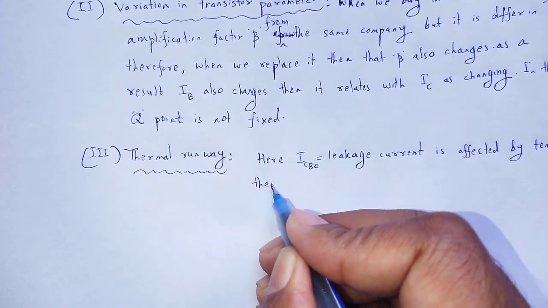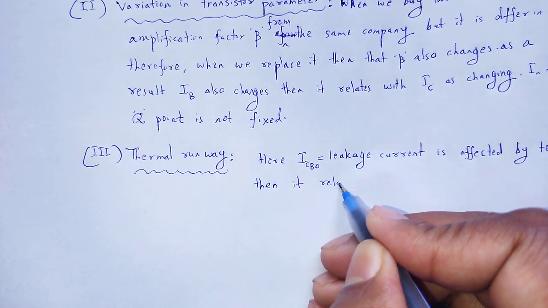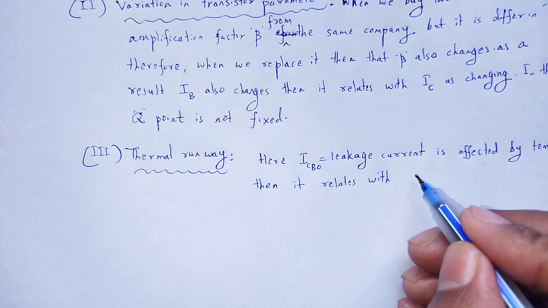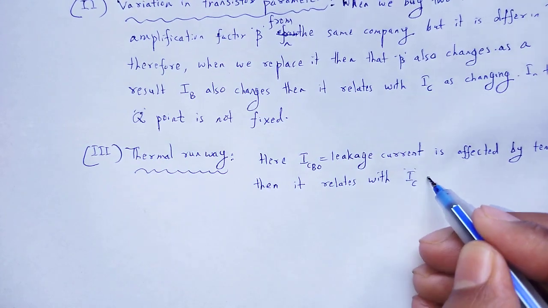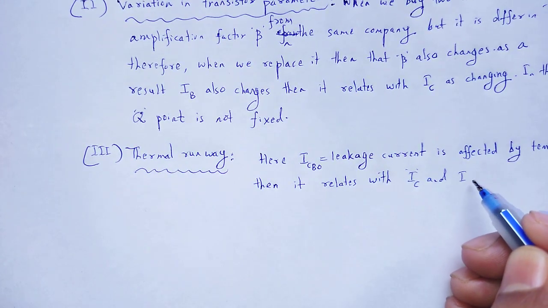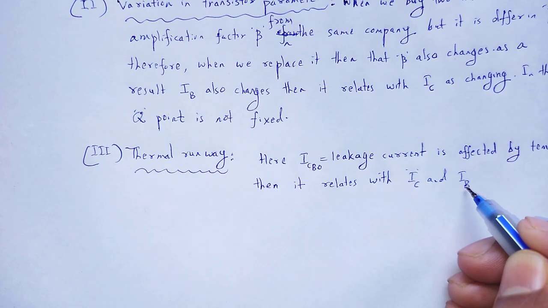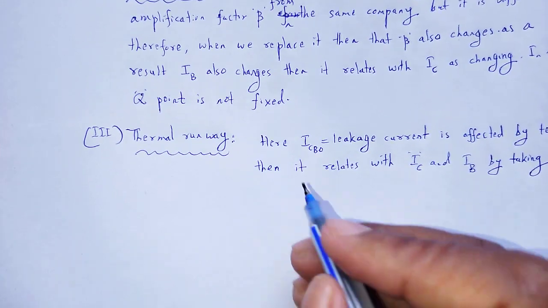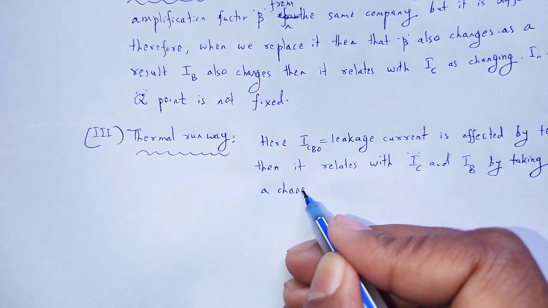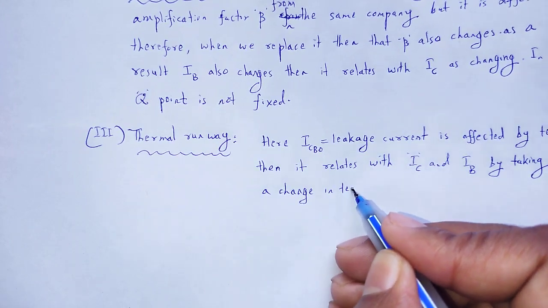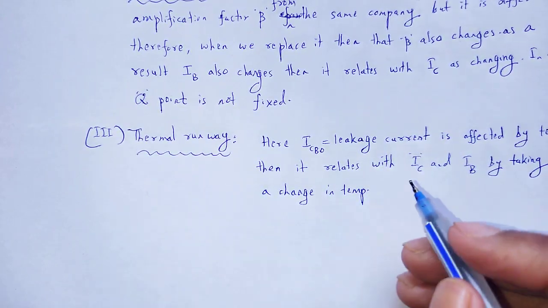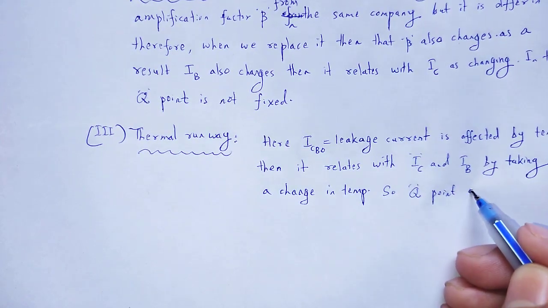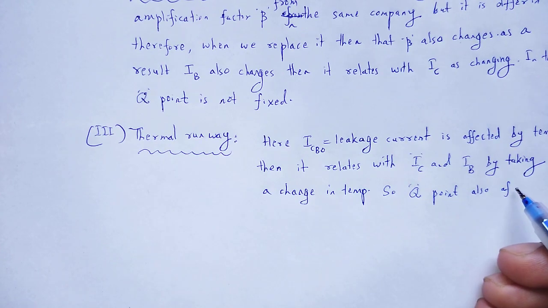Then it relates with IC and IB through the change in temperature. So the Q point is also affected.